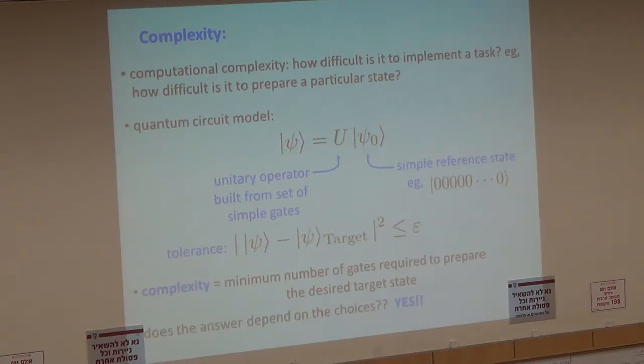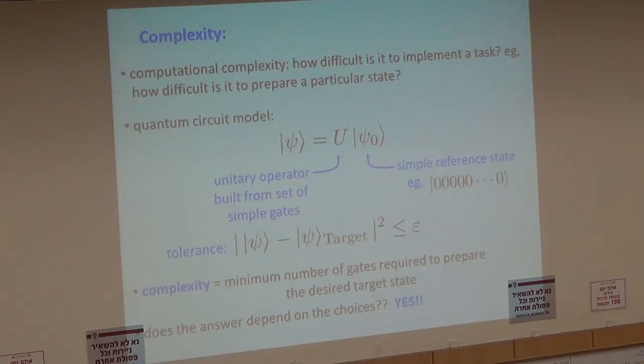A theme that ran through the lecture last day was the idea that I made a whole bunch of choices: the reference state, the gates I'm using, the tolerance, and those are going to affect the precise number that comes out of my calculation. But I hope that what I tried to convey as well is that if we do this calculation many, many different times in different contexts, it still contains some interesting information when I compare all of the numbers.